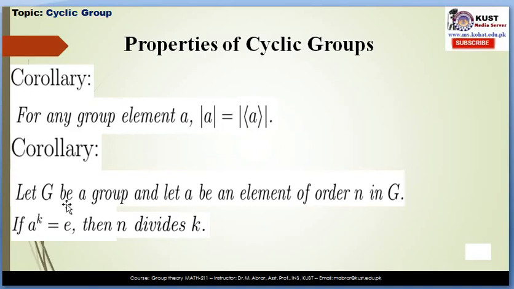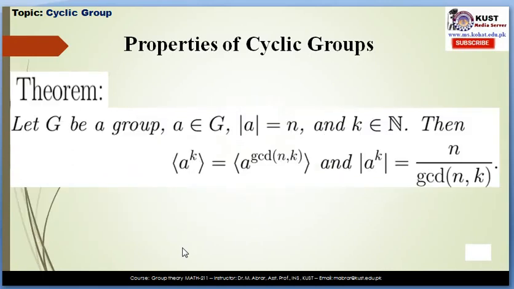In the second, we have a group, and we assume that a is an element of order n in G. Then what happens? Interestingly, if a raised to k is e, then n actually divides k.